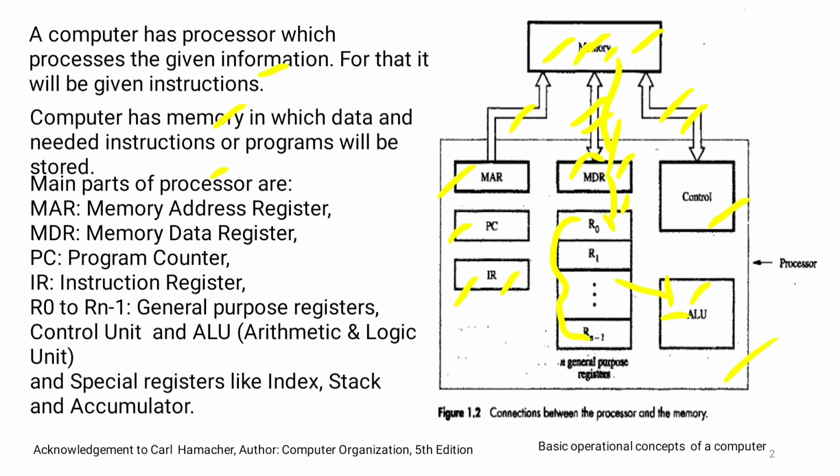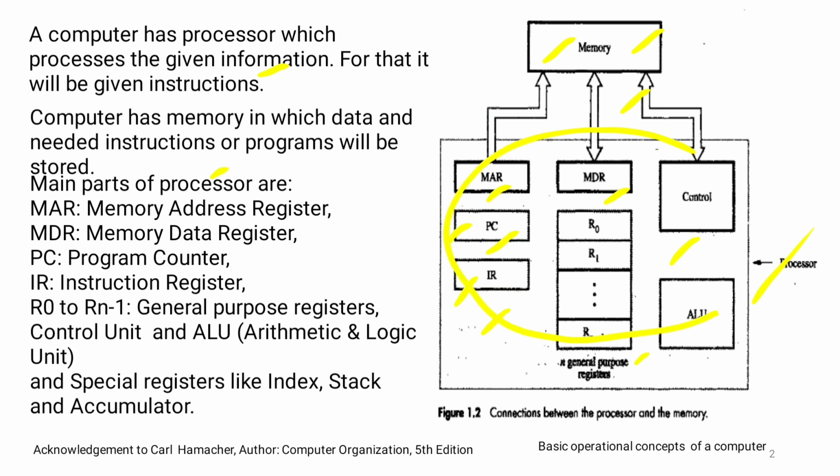Apart from this, the processor has some special registers like index register, stack register, and accumulator. The different parts of the processor are internally connected through the internal processor bus. This is the external memory bus. So the lines through which all the parts inside are connected are called the internal processor bus.